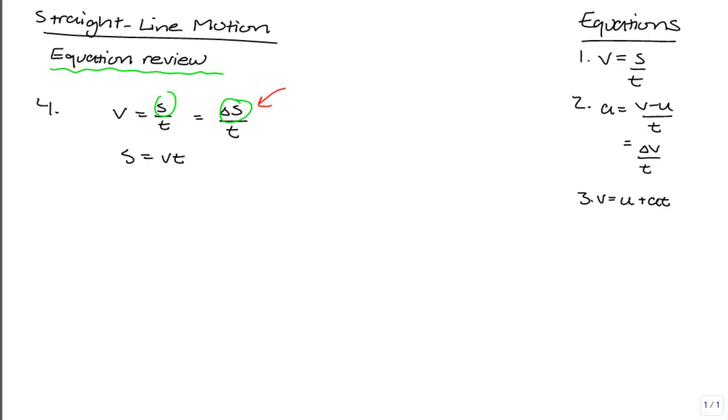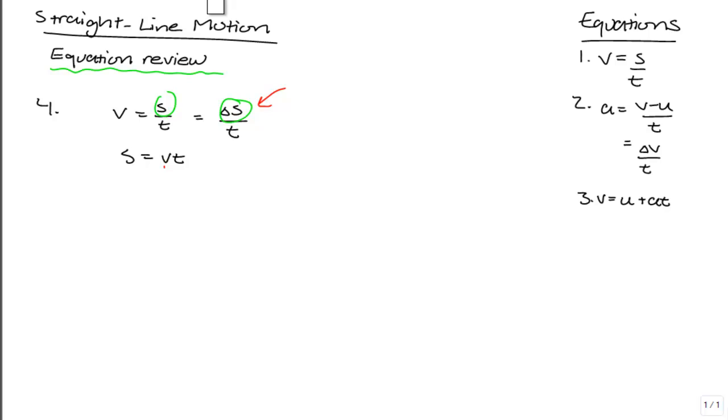Now if the velocity of the object is changing, then we have what's called an acceleration. For acceleration, this term, the velocity, is not constant. So you have to modify this equation with that in mind.